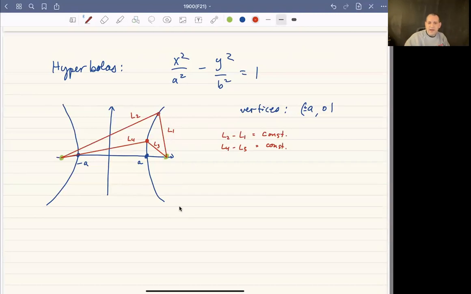Whatever that constant is, it also has an interpretation related to the directrix, which is why I brought that up before, but we'll talk about that later. So hyperbolas are the locus, the collection of all the points where the difference of distances between the focal points is constant. So that's a hyperbola.